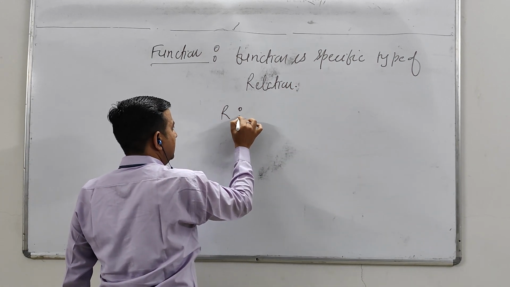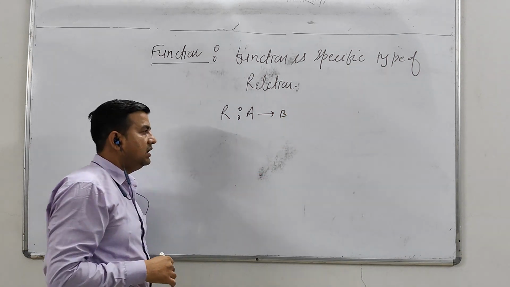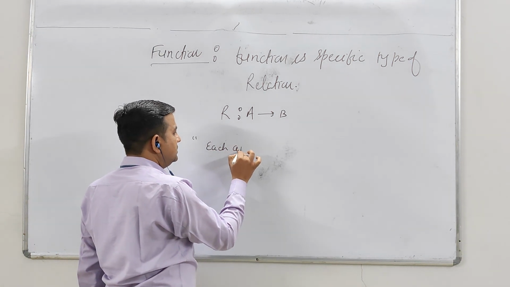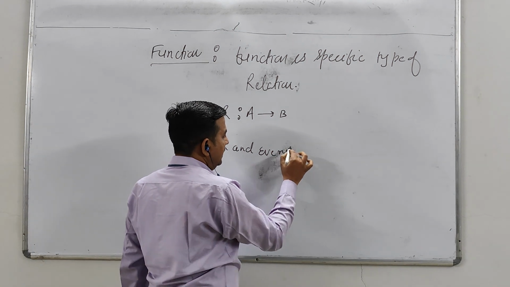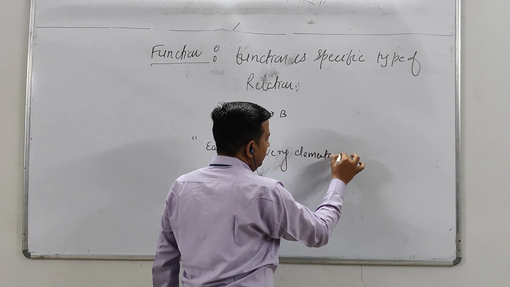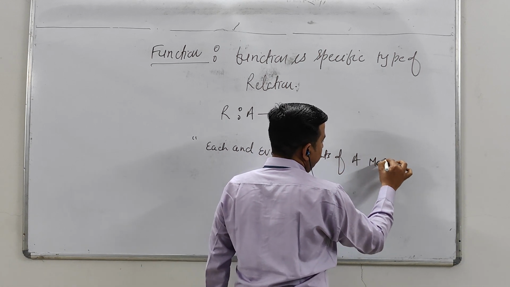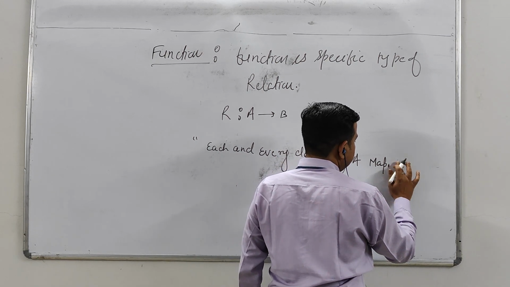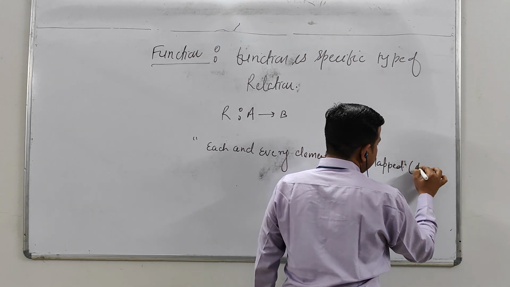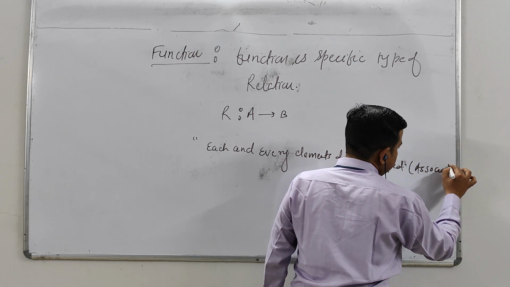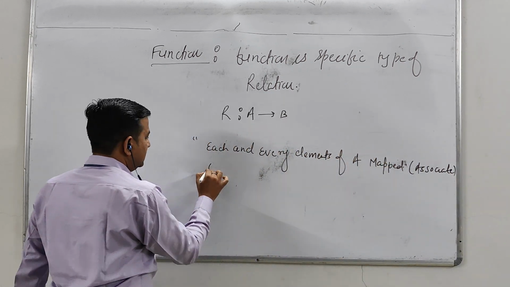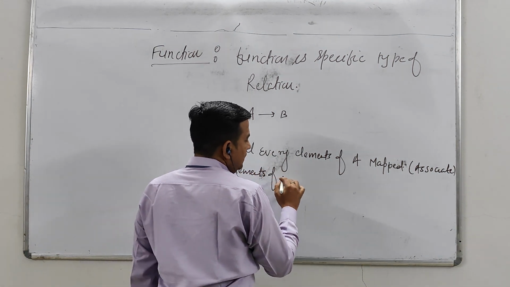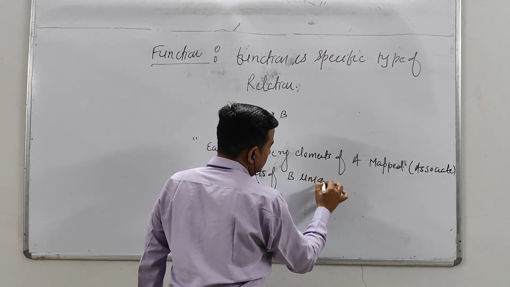Suppose we consider a relation which is defined from set A to set B. So the rule is: each and every element of A is mapped or associated with elements of B uniquely.